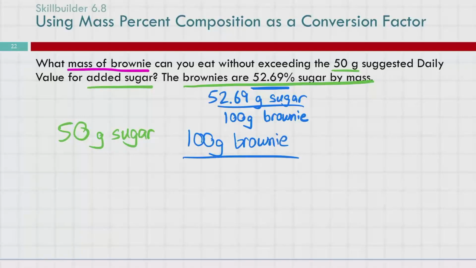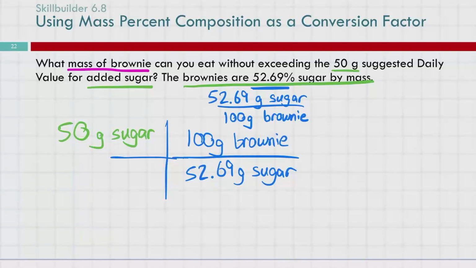So 100 grams brownie on top, the 52.69 grams sugar on the bottom. This makes our grams of sugar cancel. We'll get grams of brownie out. So this will tell us how much brownie can we eat. Do we expect the number to be more or less than 50, the number that we started with?